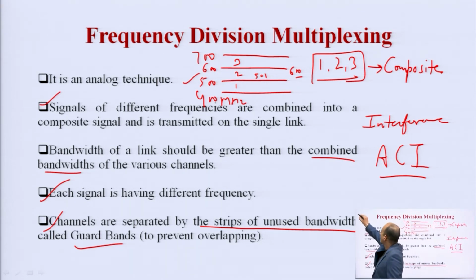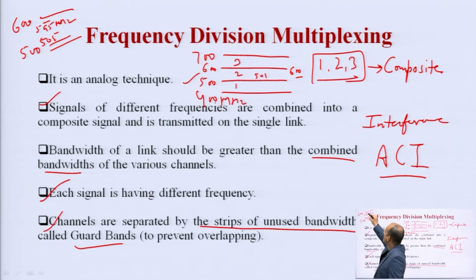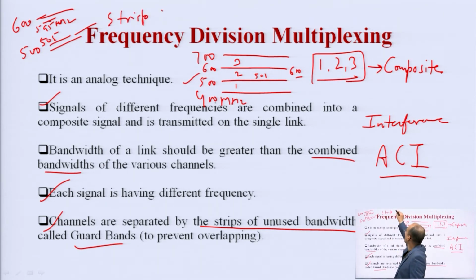If we are using that 500 to 600 bandwidth, from 500 to 505 megahertz and on this side from 595 megahertz to 600, we just leave a strip of 5 megahertz idle.